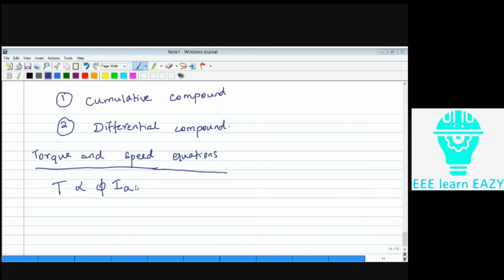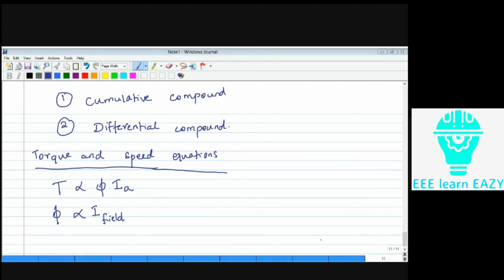The flux phi is produced by the field winding, and that will be proportional to the current passing through the field winding. But for various types of motors, current through the field winding is different. In shunt motor it is different, in series motor it is different, compound motor also it is different. So accordingly, the torque equation will be modified.